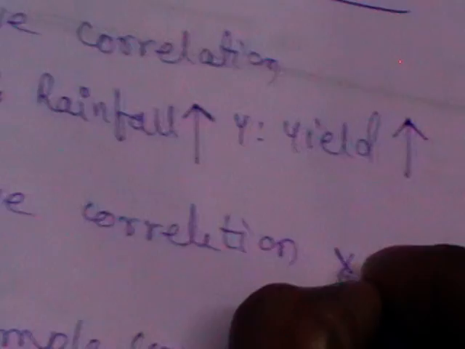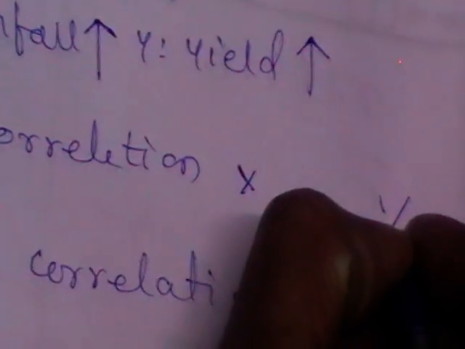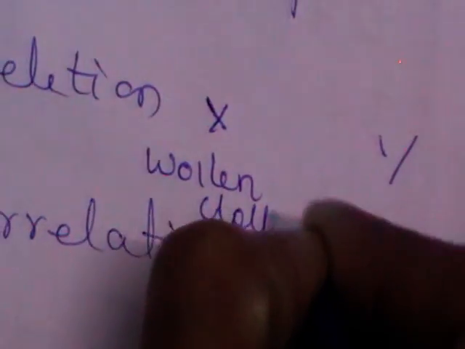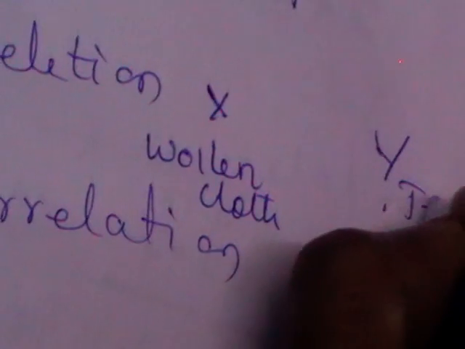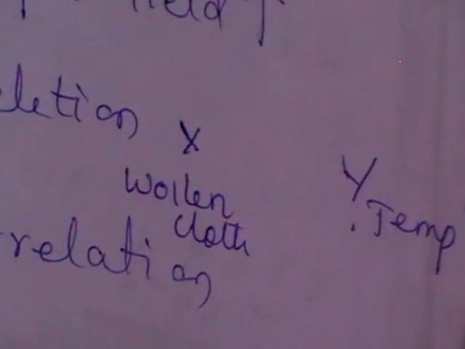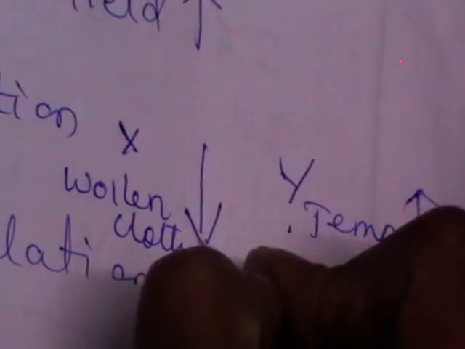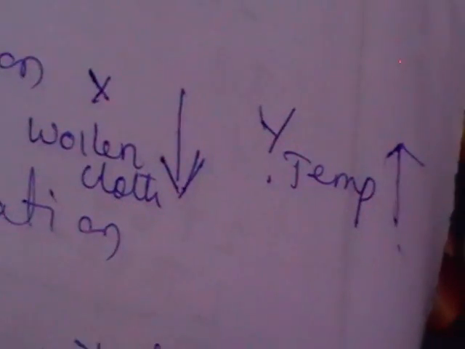Unlike that, if we take two variables x, y, where the first variable is woolen clothes and the second is temperature, if the temperature increases, that is in summer season, we observe that the sales of woolen clothes show a decreasing trend.